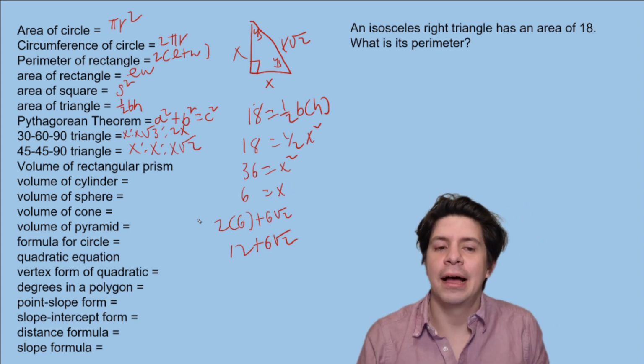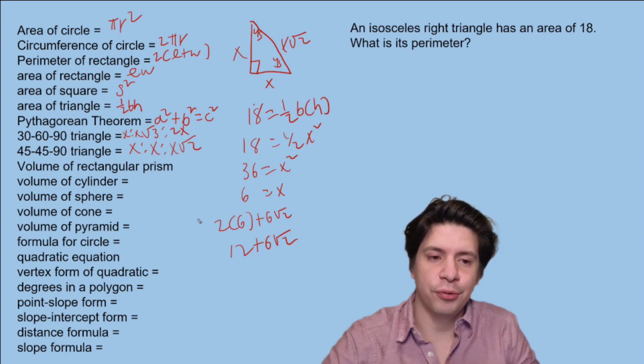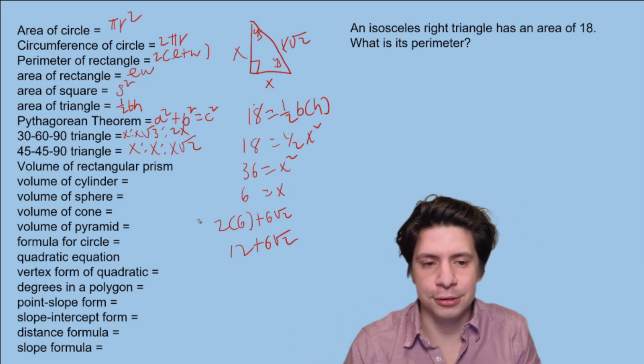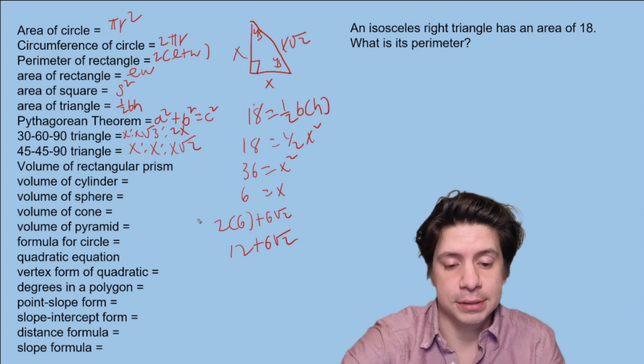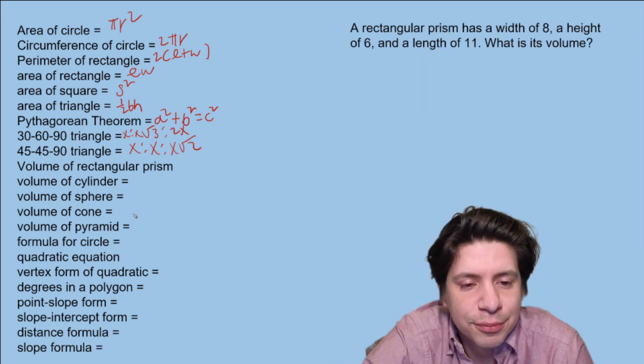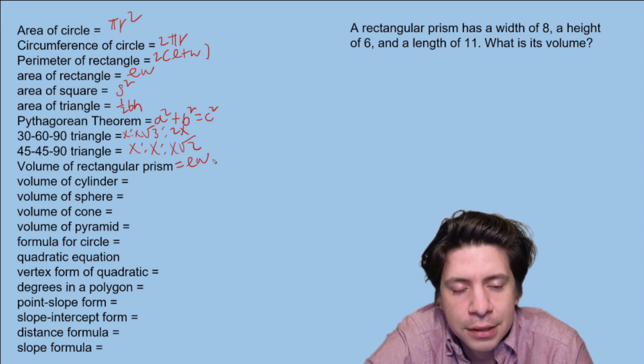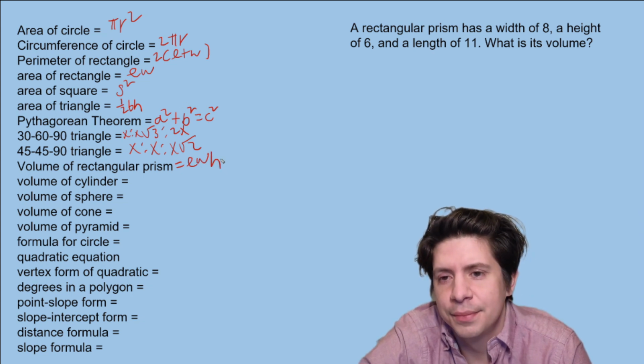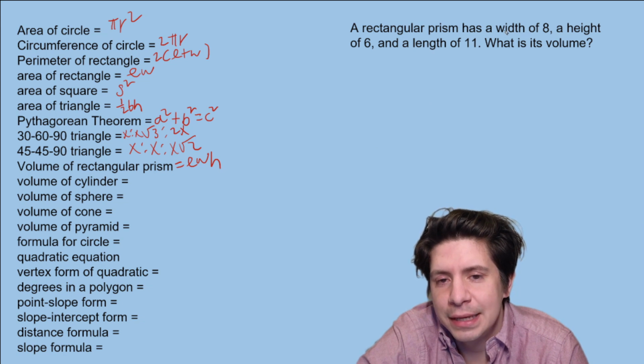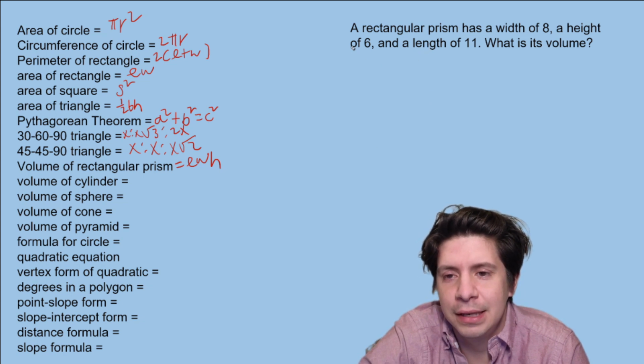And again, you can see how you can blend different equations and start using them together to find various aspects. And with volume of a rectangular prism, it's nice and easy. It is length times width, so it's like the area of a rectangle, times height. So here, width is 8, height is 6, and a length of 11.